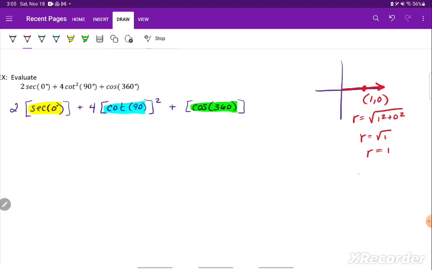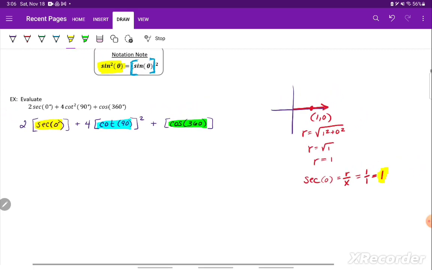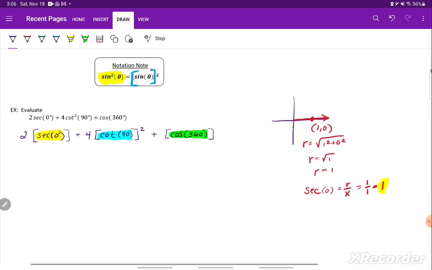So I need the secant of this. Well, secant is r over x. So I'm going to take the r value, 1, divided by the x value, 1, and I get 1. And now I'm subbing that 1 into our expression over here to evaluate. So that's going to be 2 times 1.